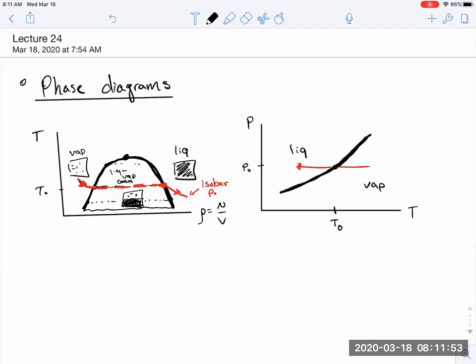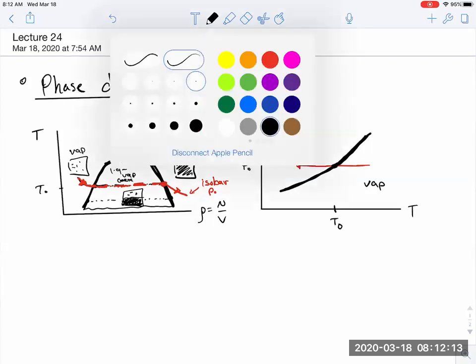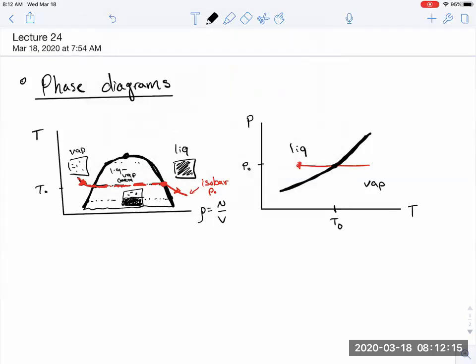A coexistence line because it's only on this locus of points that I can have a vapor in coexistence with the liquid. It must be that the pressure and the temperature of that liquid are equal to the pressure and the temperature of the vapor it is in contact with.